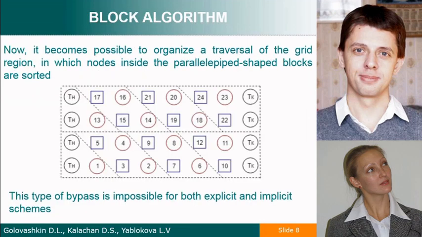Now it becomes possible to organize a traversal of the grid region in which nodes inside the parallelepiped-shaped blocks are sorted. This type of bypass is impossible for both the explicit and implicit schemes. A similar form of blocks and bypass rule characterize block algorithms for the difference solution of the Maxwell equations and the wave equation.